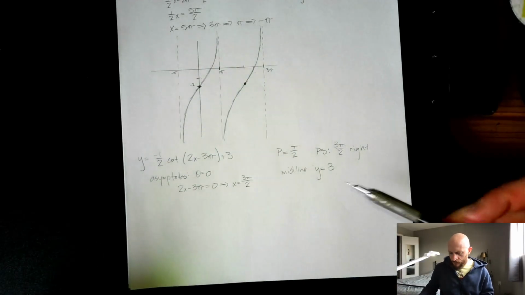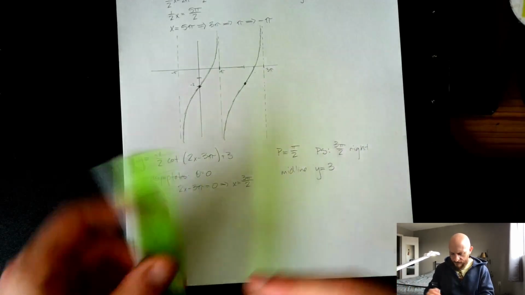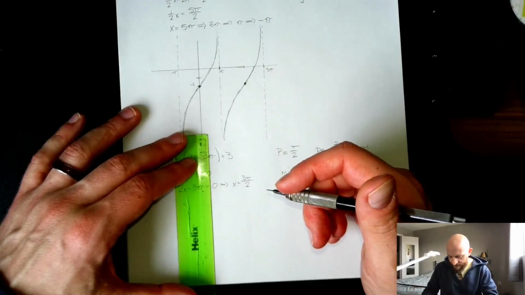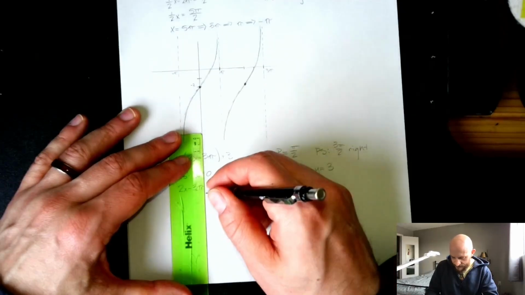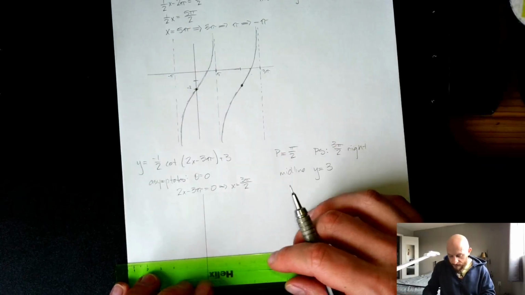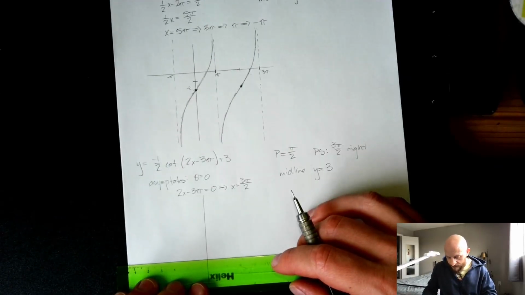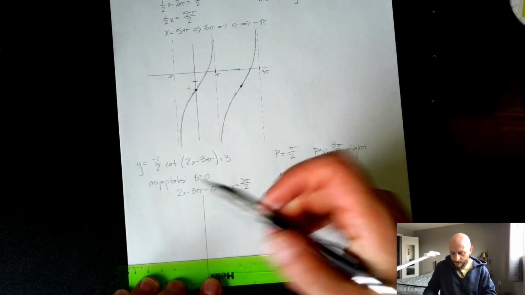Okie dokie. So this time everything is shifted up 3 units, so the important part of the graph is all occurring above the x-axis. So maybe I'll do something like this, kind of like we're zooming in above the x-axis a little bit.